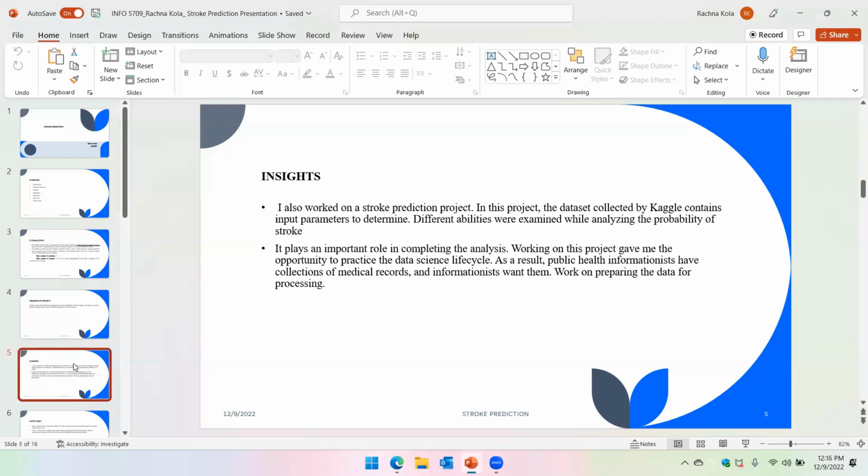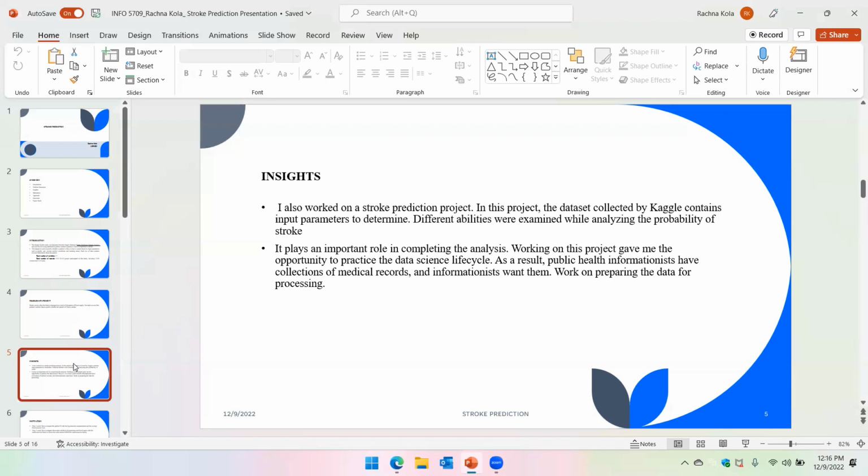I also worked on the stroke prediction project. In this project, I have collected the data from Kaggle, and it contains the input parameters to determine the different abilities that were examined while analyzing the possibility of the stroke.